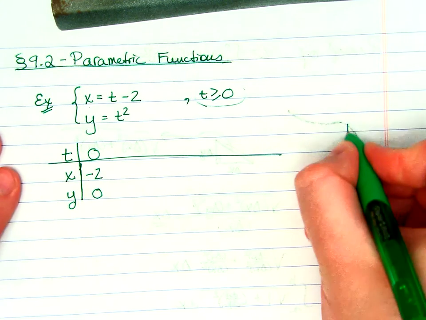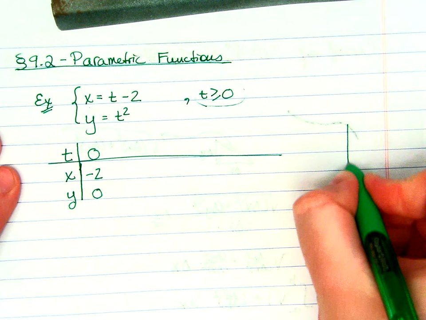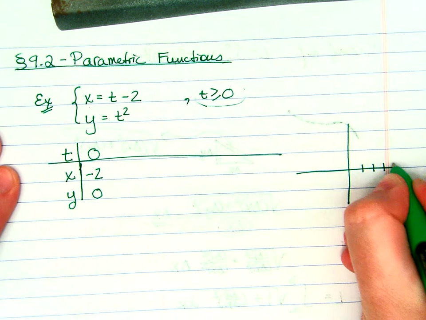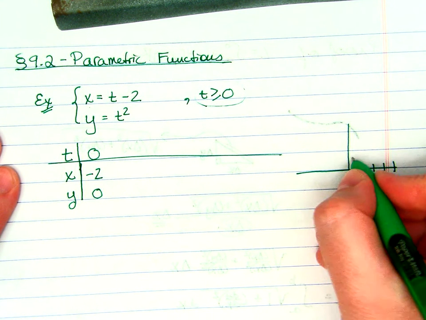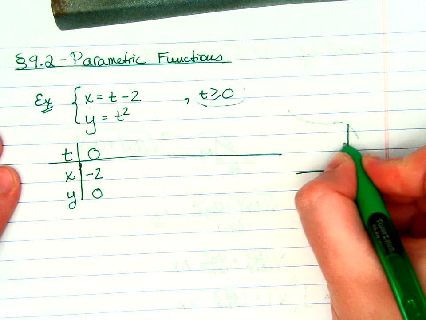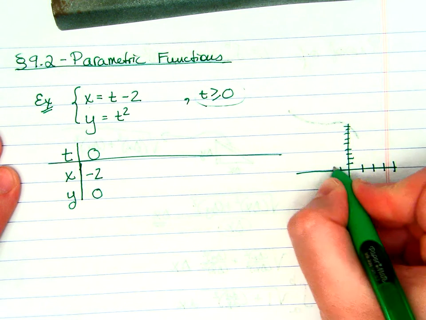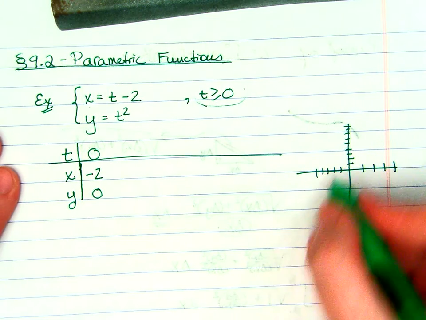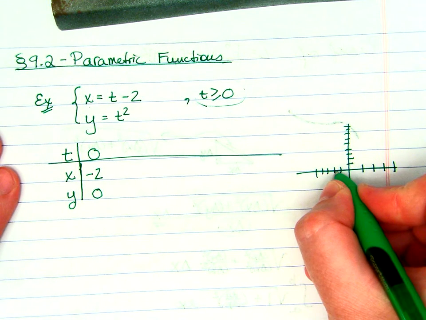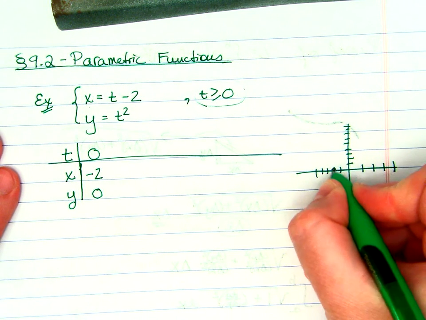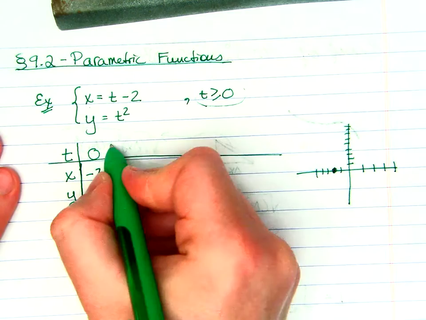While I do this, why don't I go and try to graph this thing? At time 0, this function is at the point negative 2, comma 0. So I'm going to put a point over there.